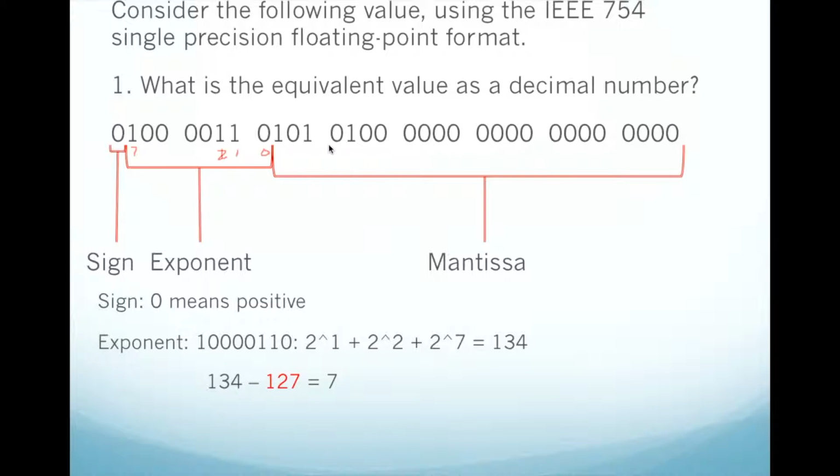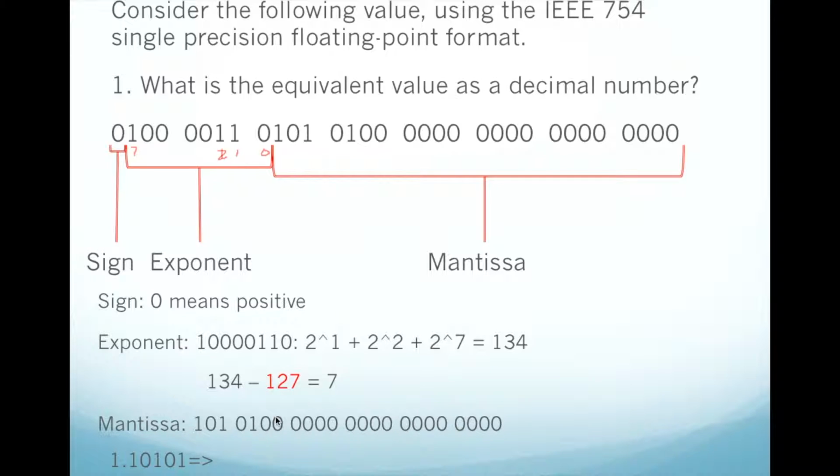The thing with the mantissa is that it is always followed by 1 point whatever this is. So for example, this is the number we're getting for the mantissa, and we're just going to start it off with 1.10101, and we don't really need to follow up with the rest of the zeros.